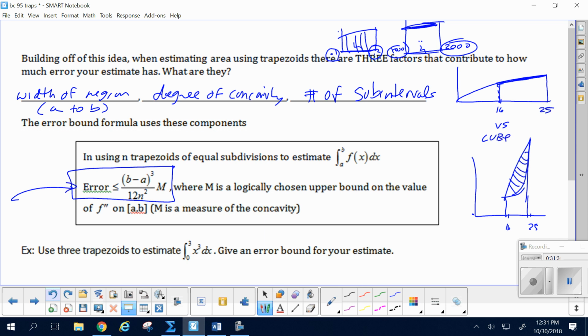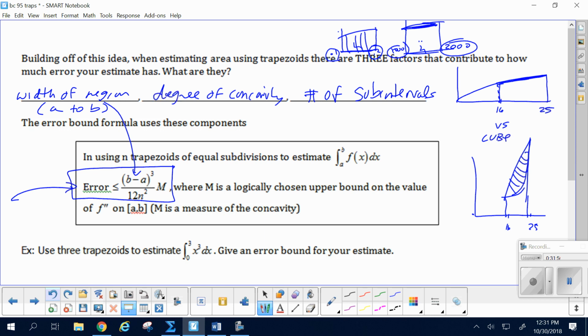But that said, I do want you to have a basic feel for why each component is in here. The error can be bounded, or I can know that the error is at a maximum, due to these three factors. The error has to do with, first of all, how wide the region is. That B minus A, that's a measure of how wide the region is. Now, the cube comes from the proof, sorry.